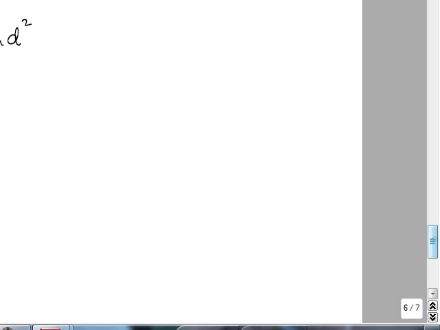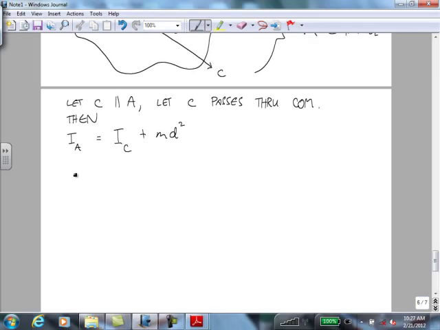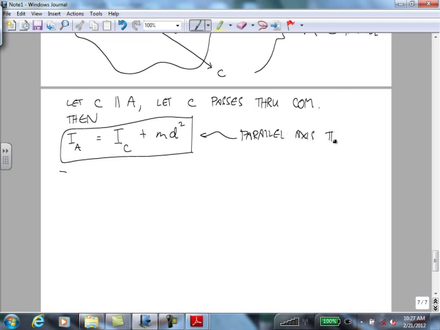And notice one thing it says: no matter what direction the axis points, the moment of inertia is always smallest when it passes through the center of mass.